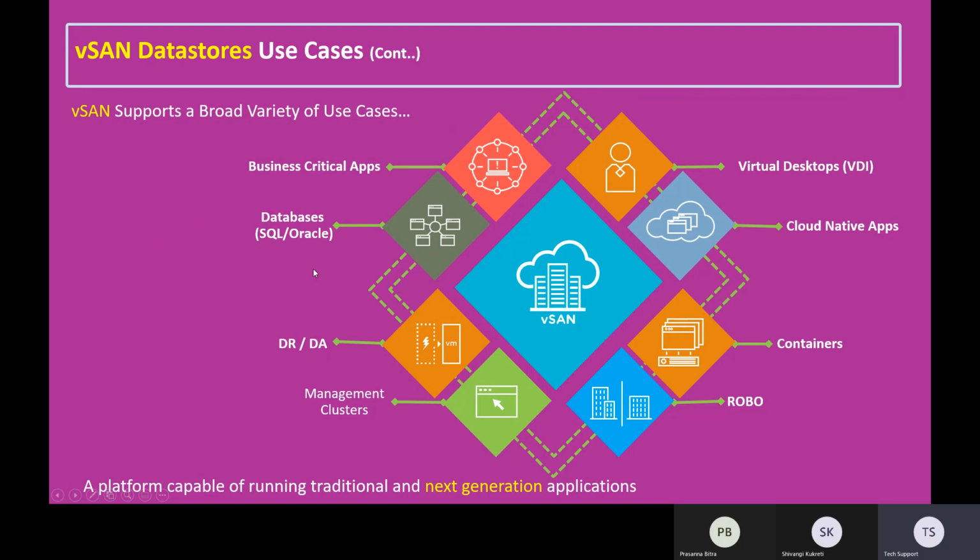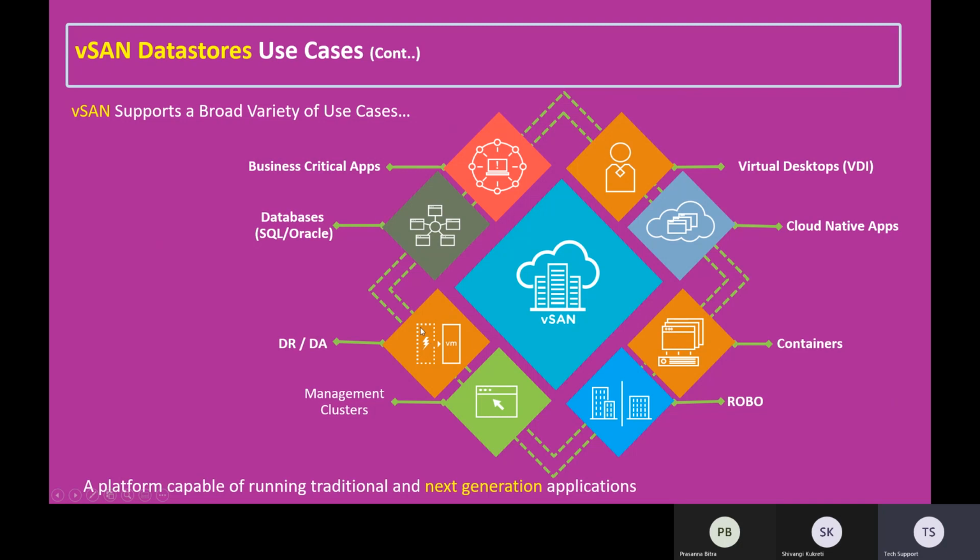If you have any databases like Microsoft SQL or Oracle database servers, you can also create them on a vSAN data store. And we can use a vSAN data store for disaster recovery purposes as well. Disaster recovery means we must have two different sites: one is the primary site, another is the secondary site.